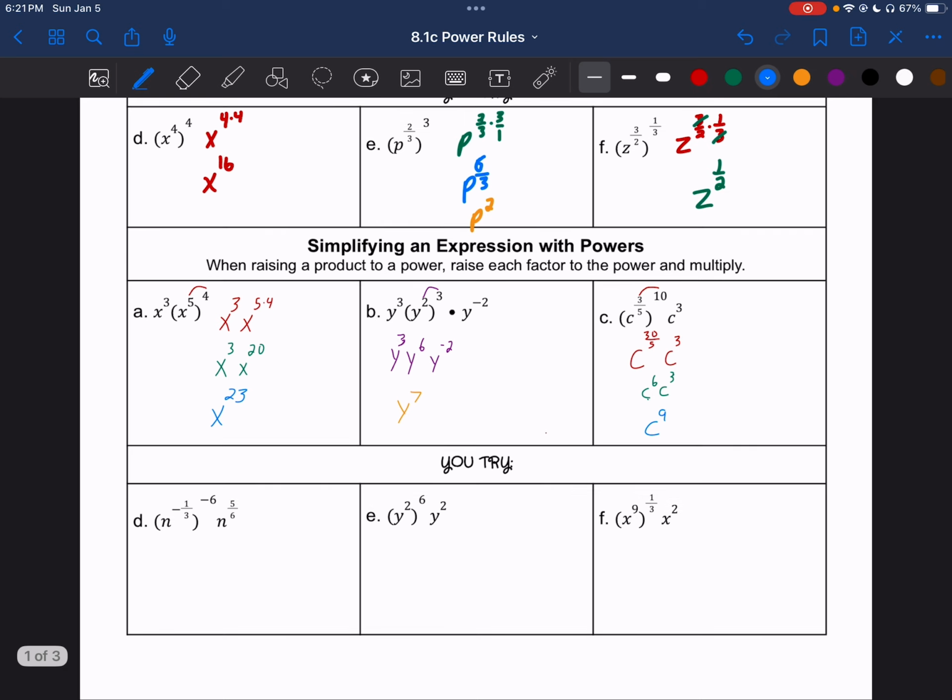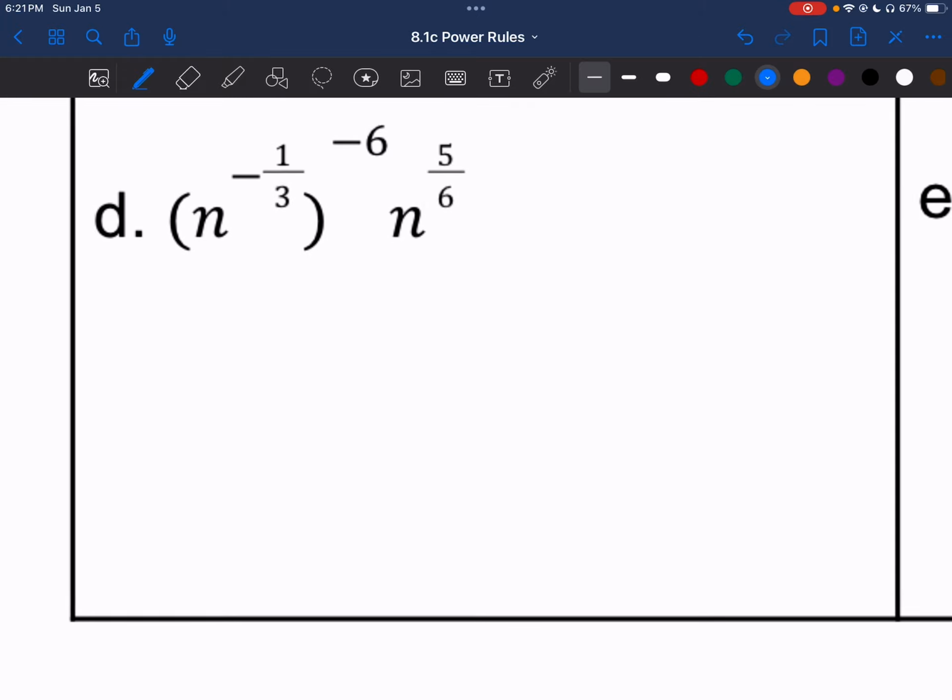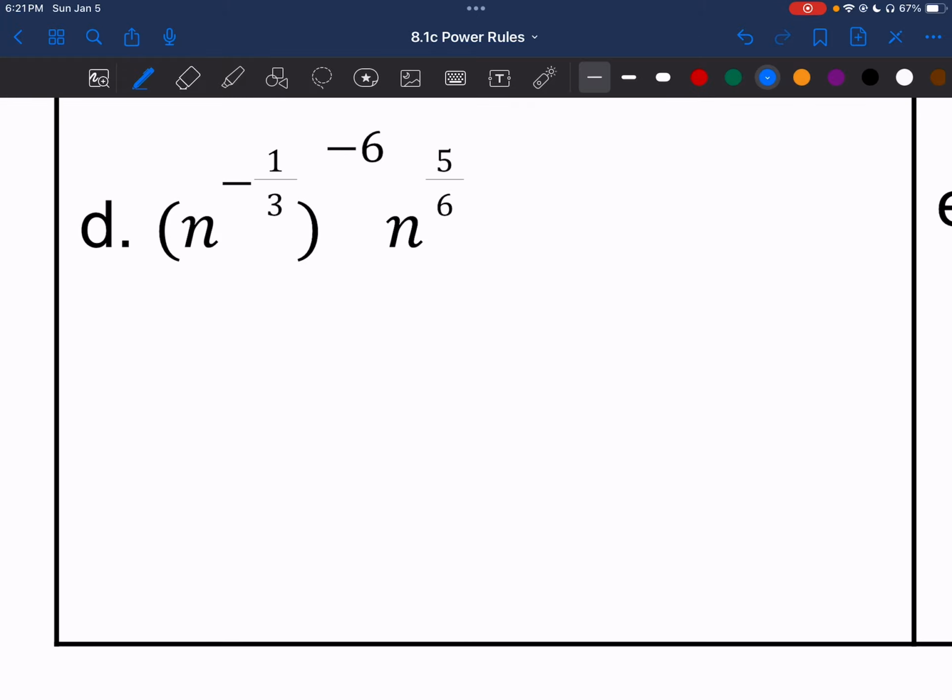All right, I want you guys to do letters D, E, and F on your own and then check your work against mine. Letter D, we start off with distributing. Negative 6 times negative 1/3. We get n to the 6/3, and we have n to the 5/6.